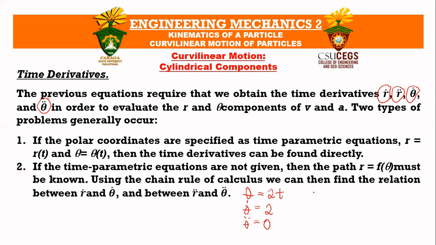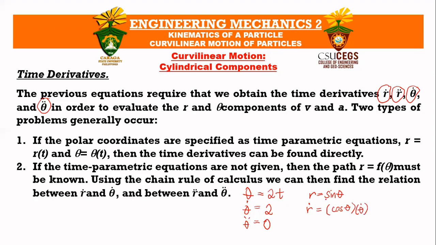On the other hand, if the time parametric equations are not given, and especially if the equation of r is a function of theta, say r is equal to sine theta, we can use the chain rule of calculus. So for the r dot, that would be cosine theta times theta dot.